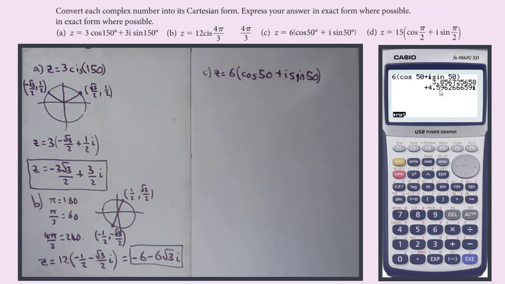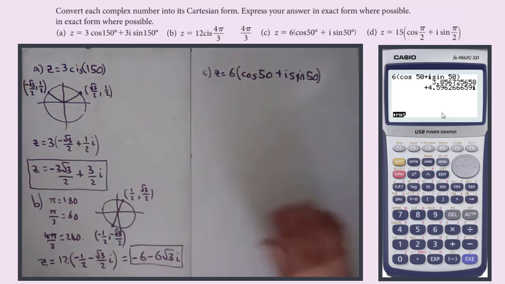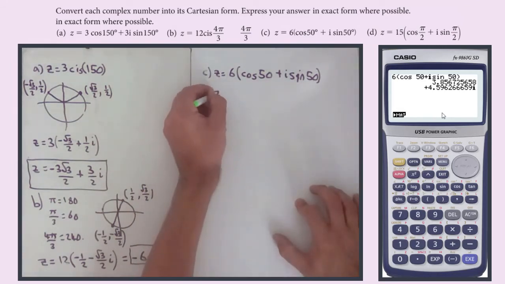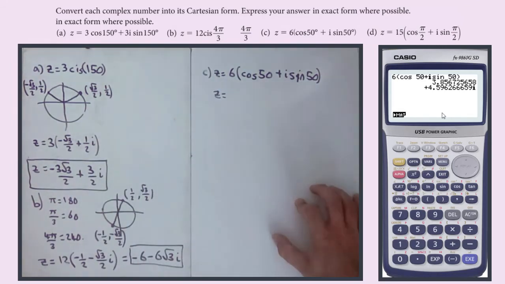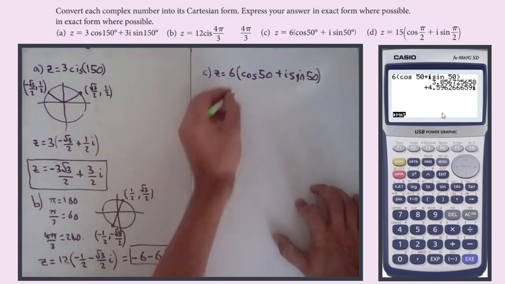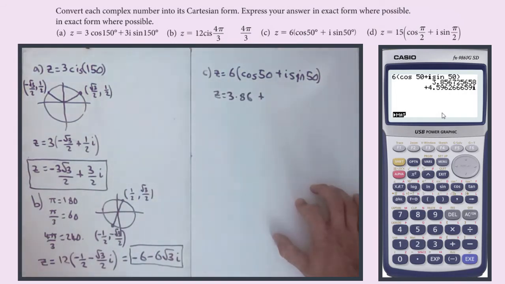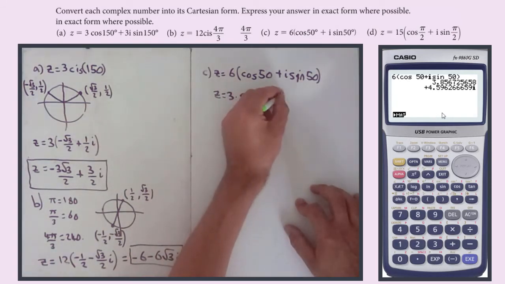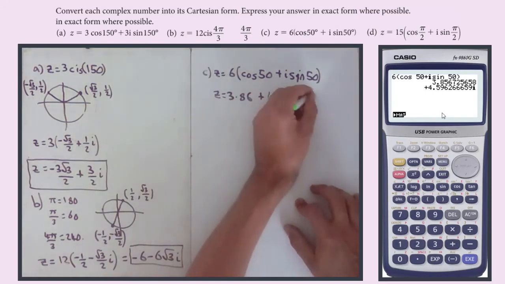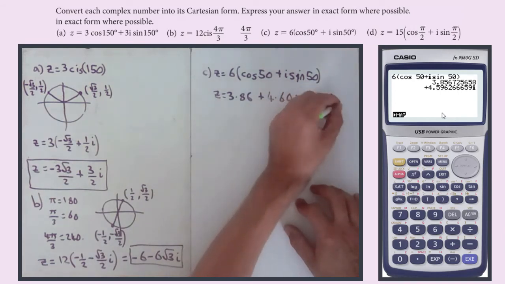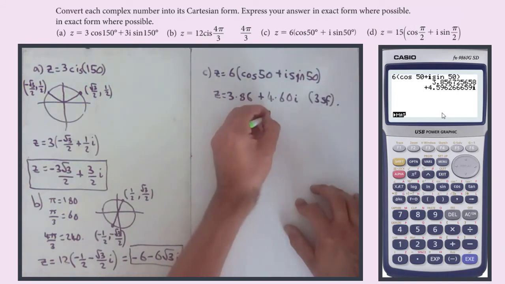So z equals 3.86 plus 4.60 i. That's to 3 SF. Okay, so we just did that using the GDC.